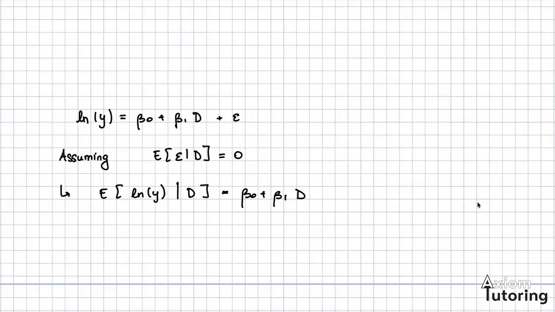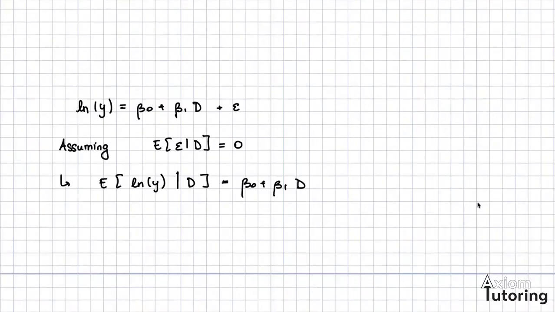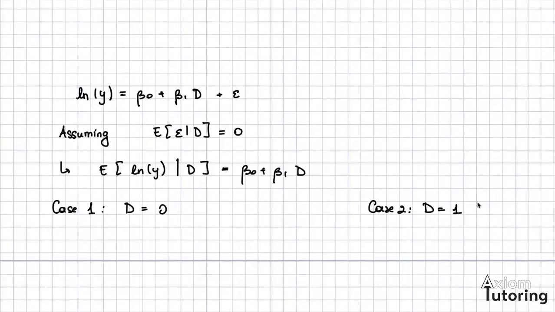The only part where now you'll see a slight difference from that previous video is that just like we have worked so far with the dummy variables, we'll have case 1 where dummy is equal to 0, and then we'll have a case 2 where dummy is equal to 1. And from here, you can very clearly see the path that we're trying to take.